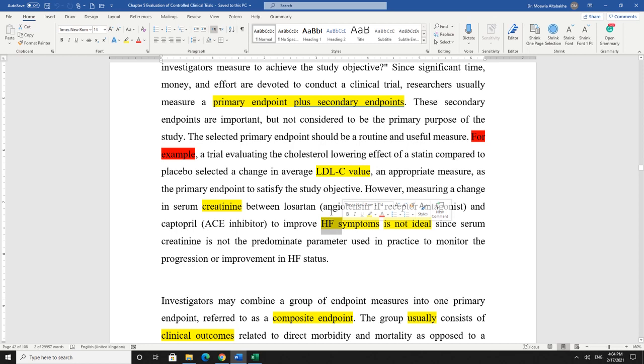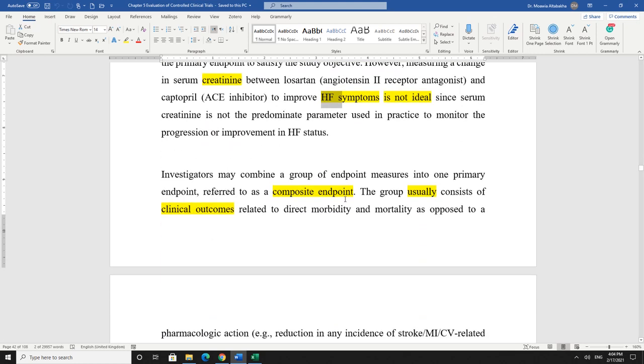Okay, the primary endpoint is some measure that will answer directly the objective of the research. Secondary endpoints are other things such as severity, incidence, and safety of the drug.